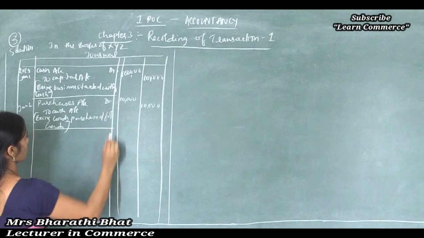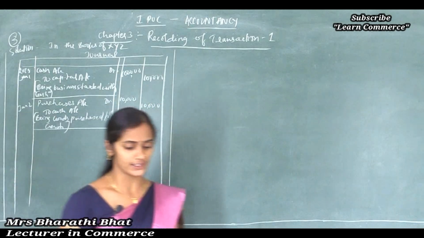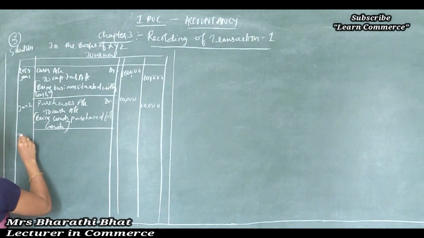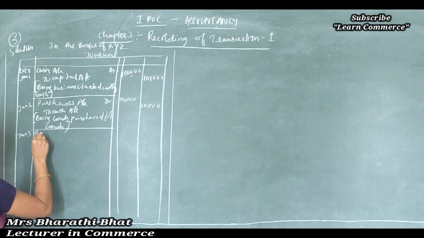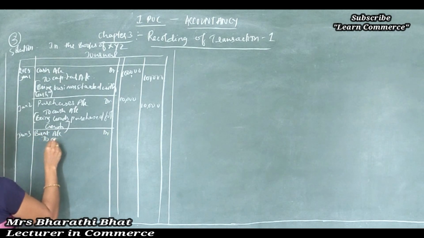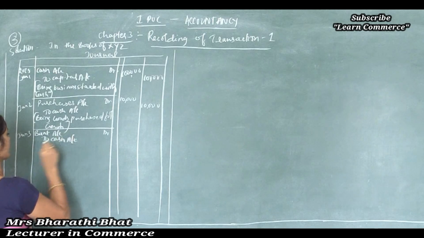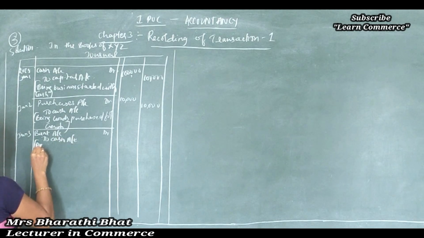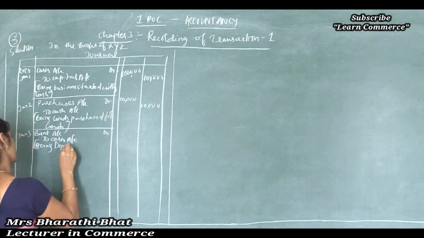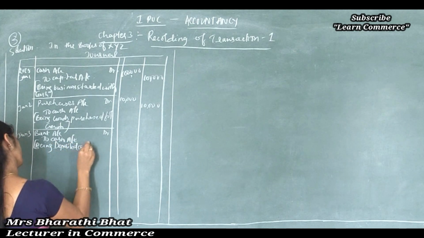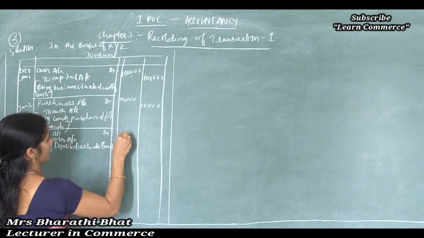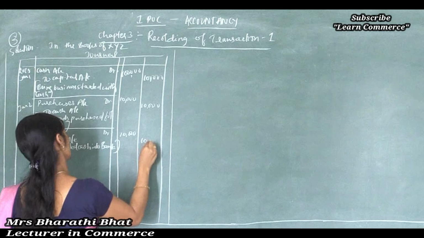10,000. Close the account. And the next one, deposited cash into bank. So Jan 3rd, bank increases, bank account debited to cash account because both come under asset account, being cash deposited into bank, 10,000.